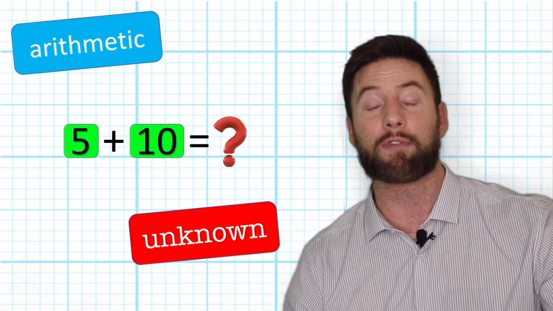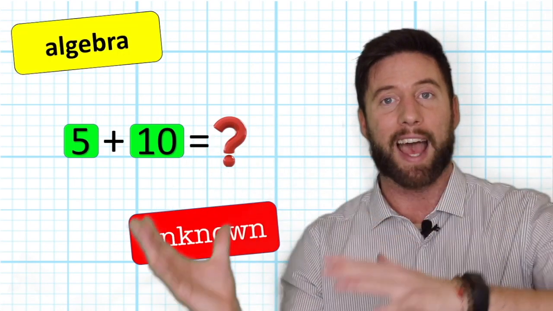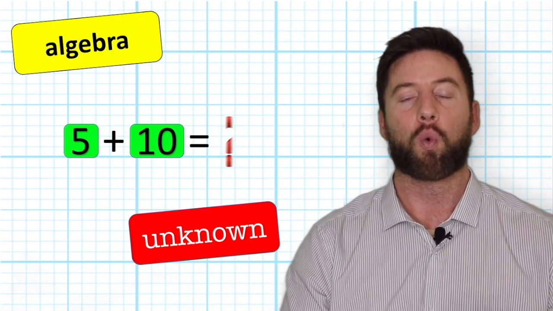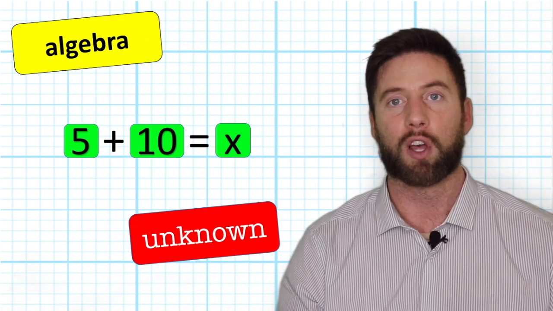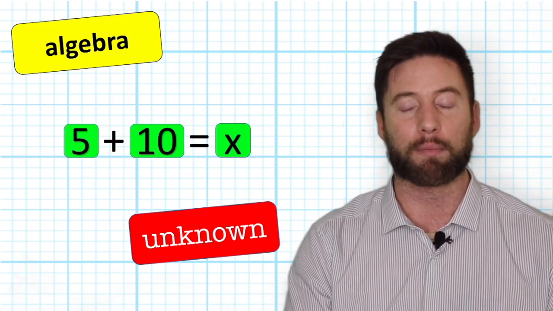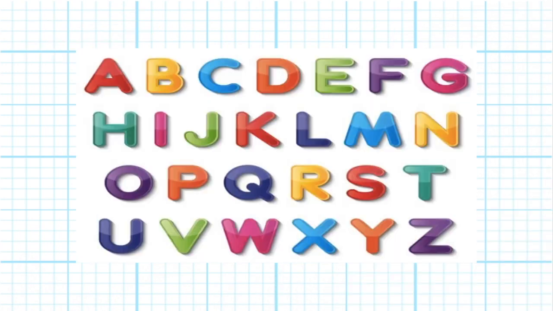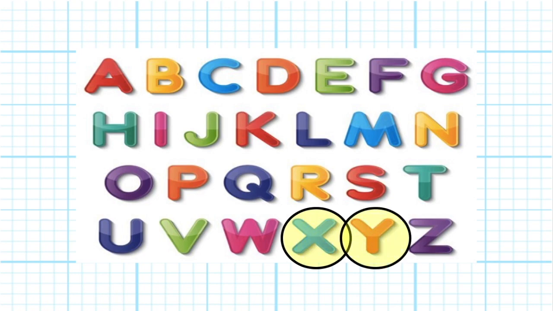A very important difference straight away between arithmetic and algebra is when we have an unknown in algebra, we use a symbol, okay? Now a very common symbol to be used would be X, but you can pretty much use any letter of the alphabet. X, Y, A and B tend to be the four main ones used, but you can use any letter.